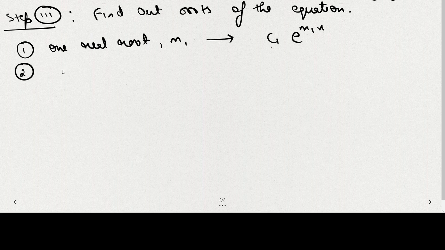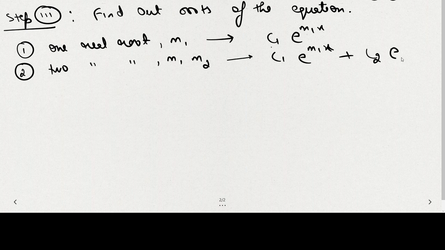Second, when you have two real and different roots, m1 and m2, it will be c1 e^(m1 x) plus c2 e^(m2 x), where c1 and c2 are constants.